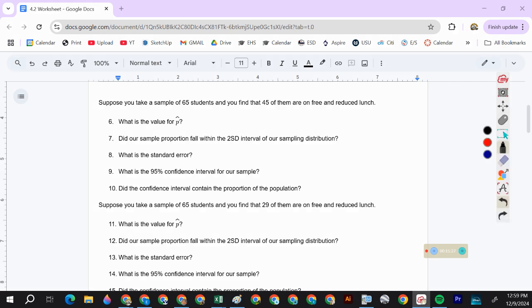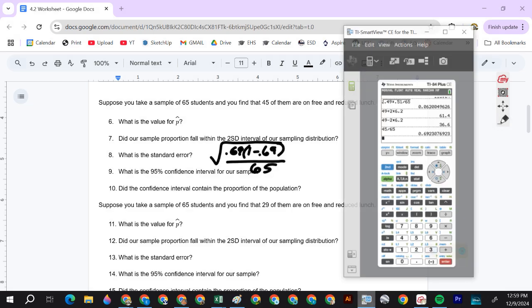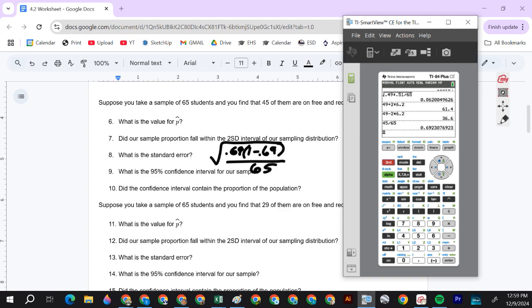Okay. What is the standard error for this sample? So we're going to do the square root of 0.69 times 1 minus 0.69 over 65. So what is that? 3.1, not 3.7, 3.1 divided by 65.